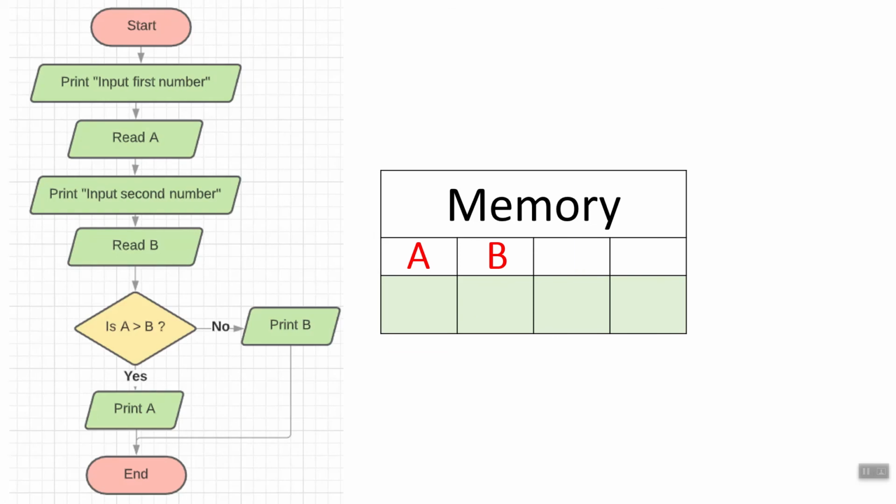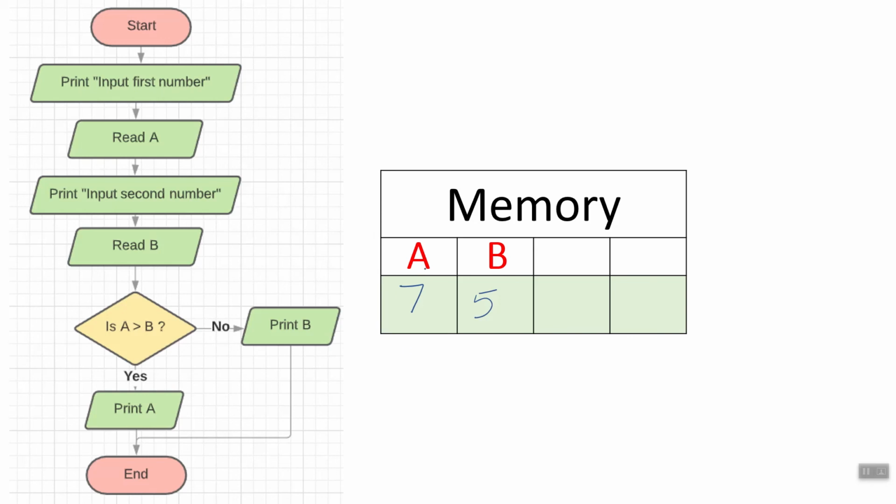Okay, this one's a bit more tricky. First input number. So in other words, we might put the same numbers again. 7, input second number, 5, and then we have a question. Is A greater than B? Is whatever's in A, which is 7, greater than whatever's in B, which is 5? Yes, 7 is greater than 5, so we're going to print 7 on the screen.